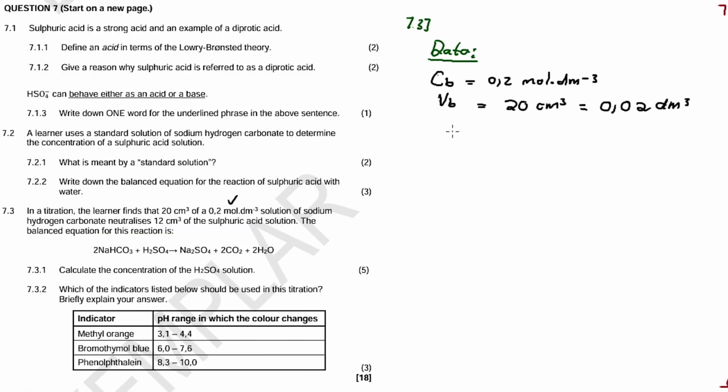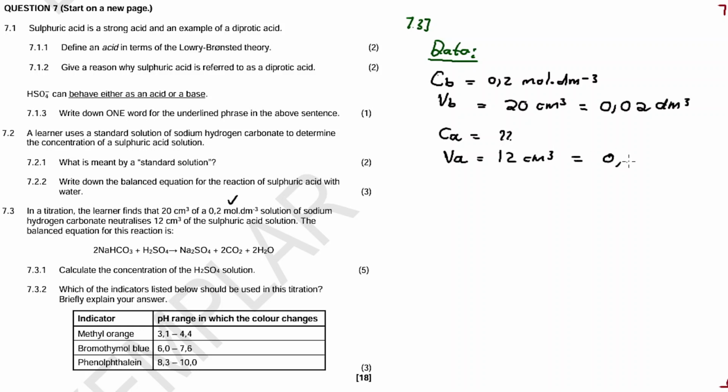0.02. Then we have the concentration of acid, which is equal to unknown. We have the volume of acid, 12 cubic centimeters.